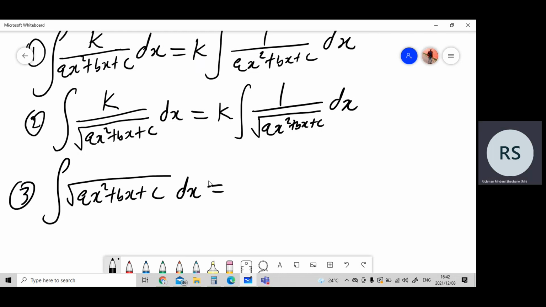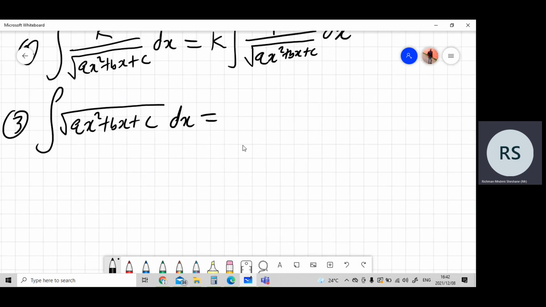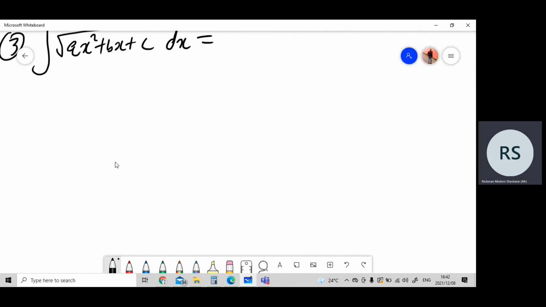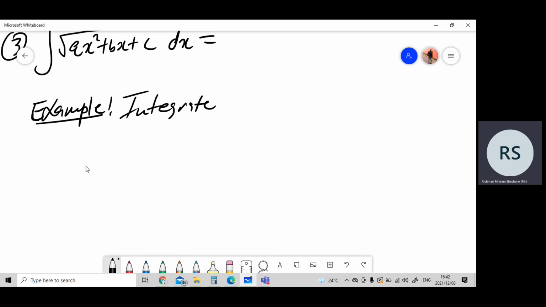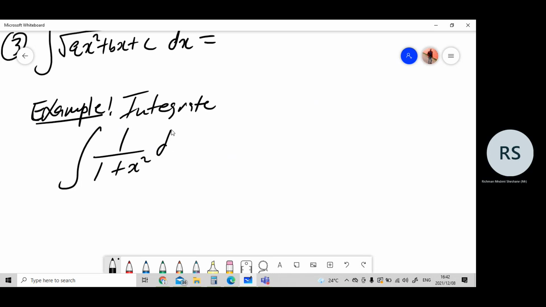Let me give you the easy example here. Integrate 1 over 1 plus x squared dx. You see here you have a constant over a quadratic.